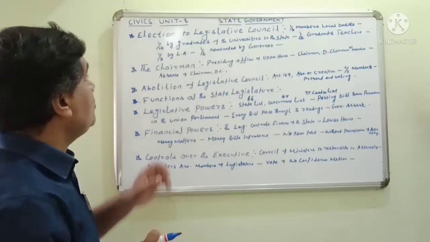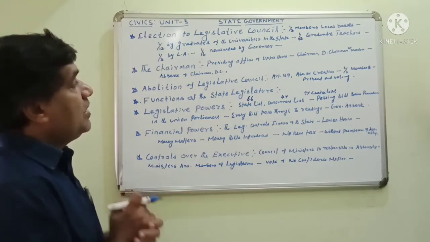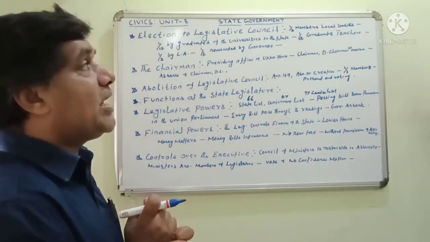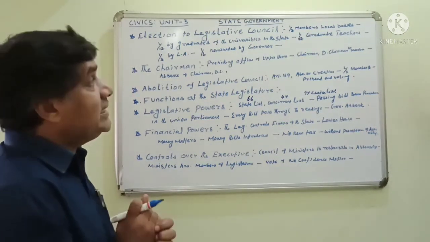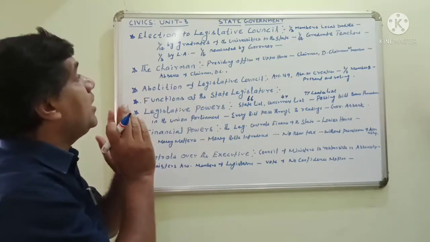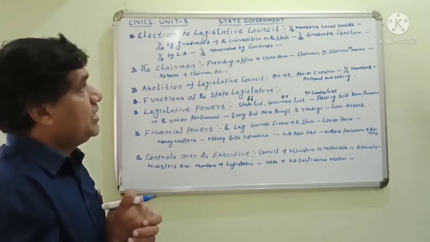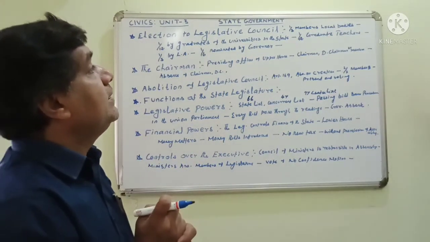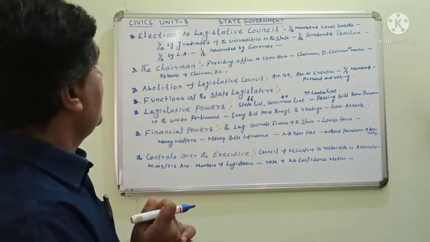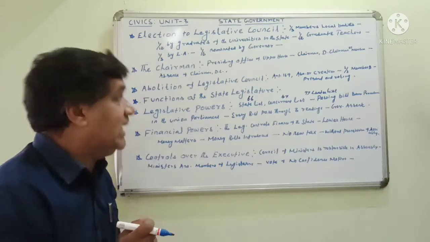Now, listen carefully, students. Once again, I am going to recall the election to the Legislative Council. In the Legislative Council, there are a lot of members appointed. Particularly, 1/3 of the members are elected by the local bodies. 1/12 are elected by the graduates of the universities in the state. 1/12 are elected by the graduate teachers. 1/3 are elected by the legislative assembly.